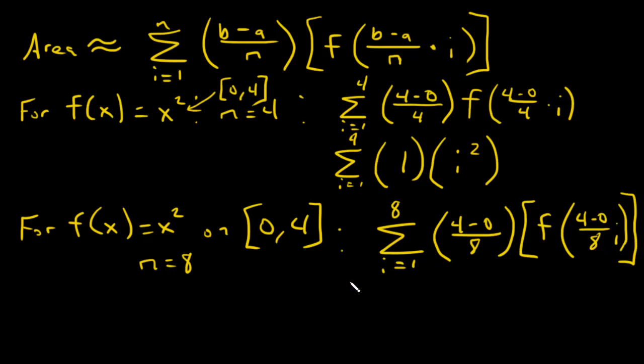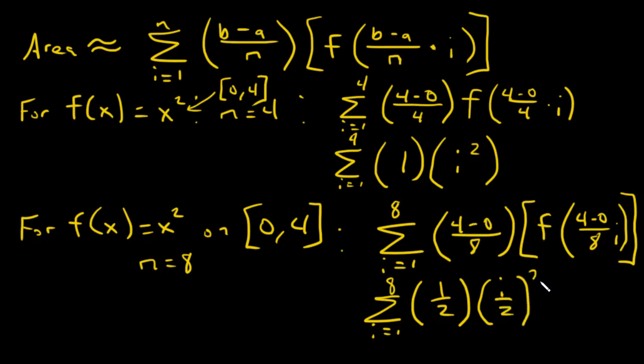Okay, so what did that wind up being? This wound up being summation i from 1 to 8 of 1/2 times f of 1/2 i, which is (i over 2) squared. And we just did that one, and we'll wind up with the answer, okay?